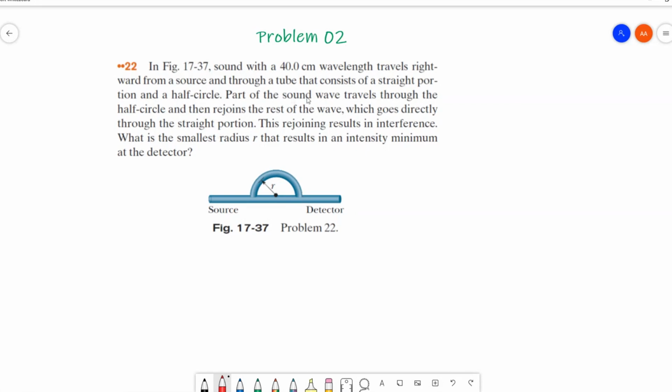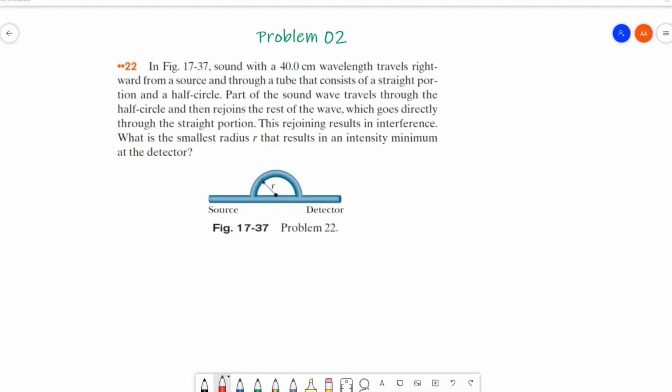Part of the sound wave will travel through the half circle and then rejoins the rest of the wave, which goes directly through the straight portion. This rejoining results in interference. What is the smallest radius r that results in intensity minimum at the detector?